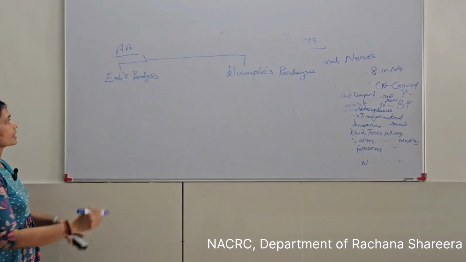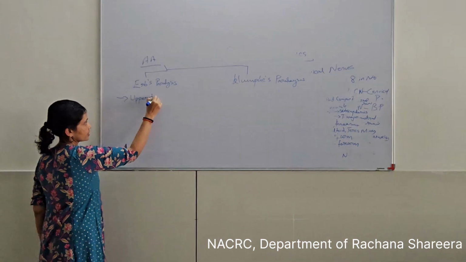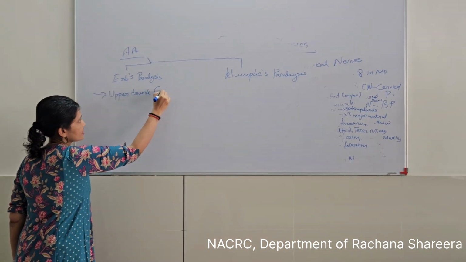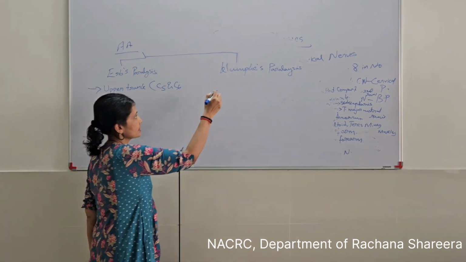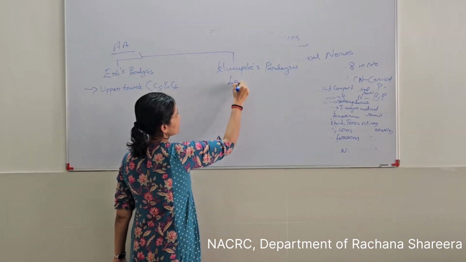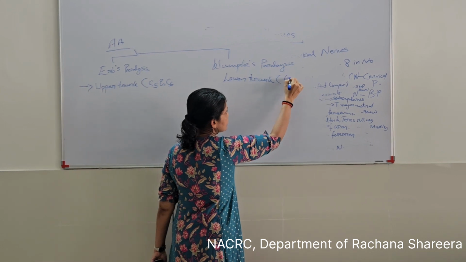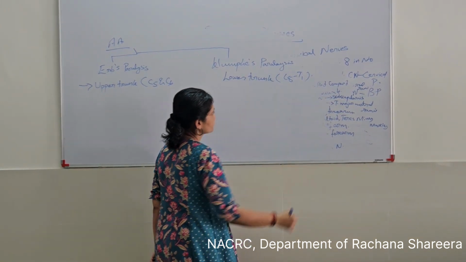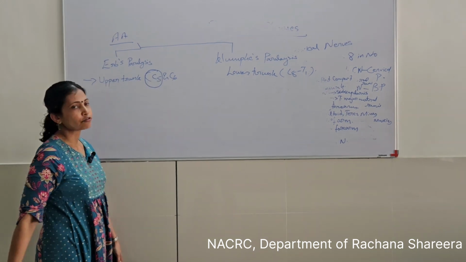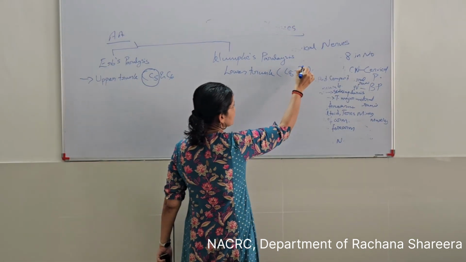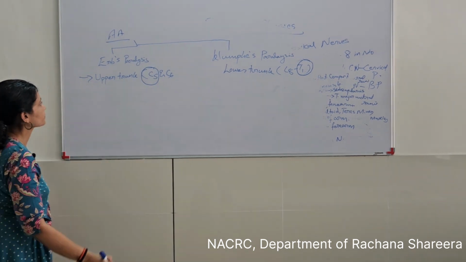Now in Erb's paralysis, the upper trunk is affected. That is C5 and C6. In Klumpke's paralysis, the lower trunk is involved. It is C8 and T1. So here C5 is mostly affected and here T1 is mostly affected.